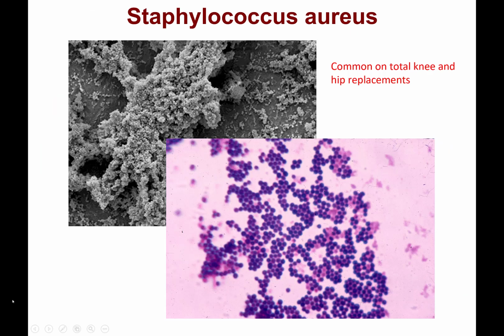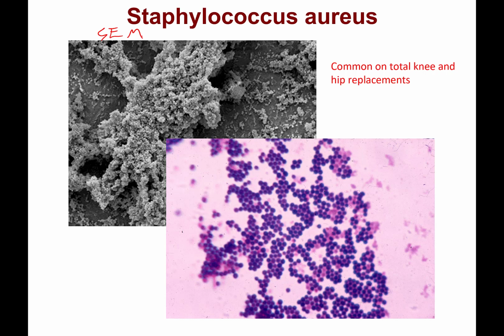Now let's talk about some of our common offenders. First, we have Staphylococcus aureus, which is one of our gram-positive bacteria. Staphylococcus bacteria are described as having a characteristic appearance that's like clusters of grapes. You can see that if you look up at the top here. This is a scanning electron micrograph of Staph aureus that's growing on a surface.